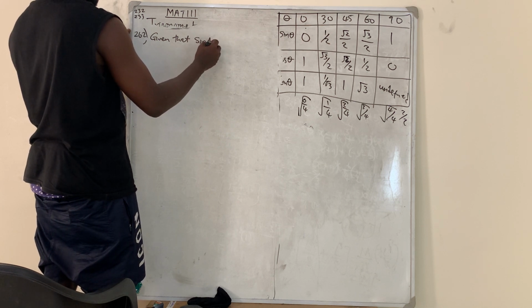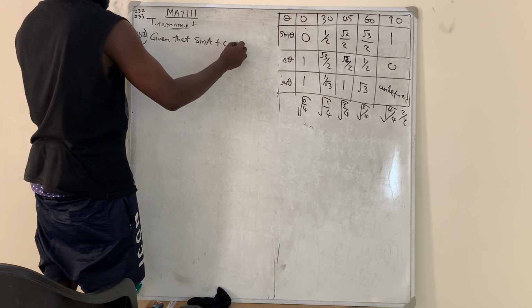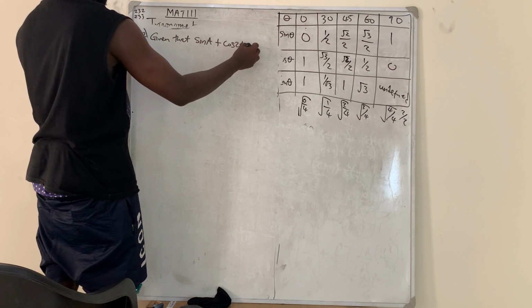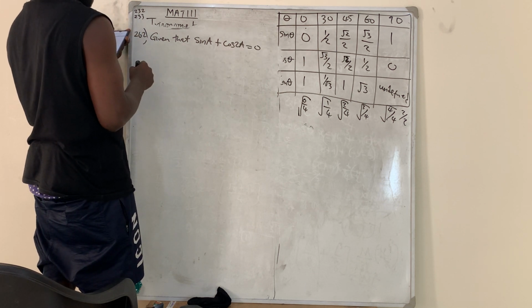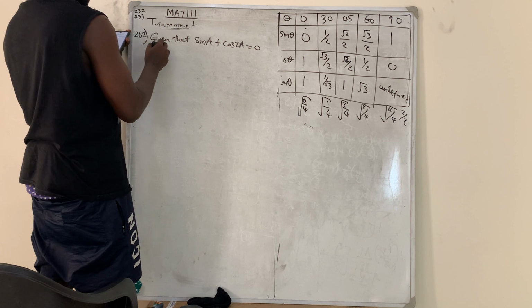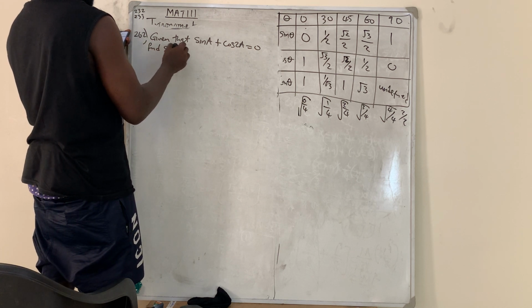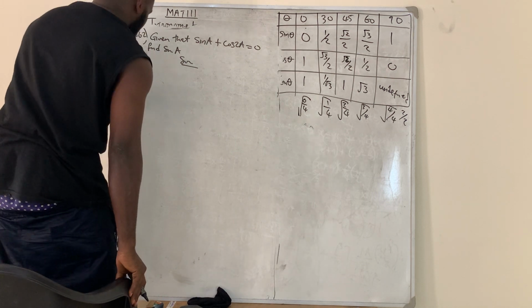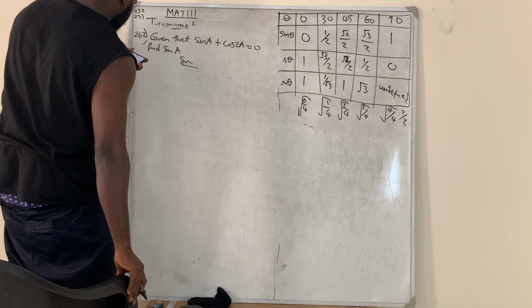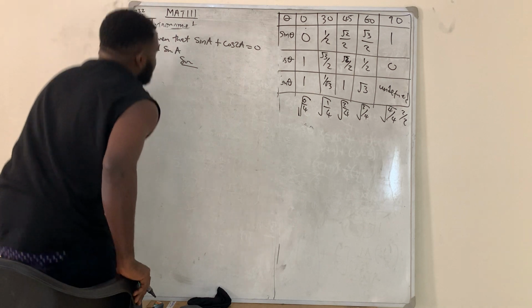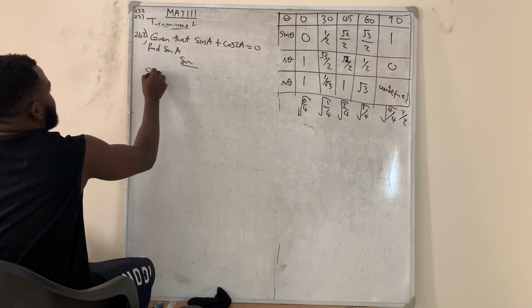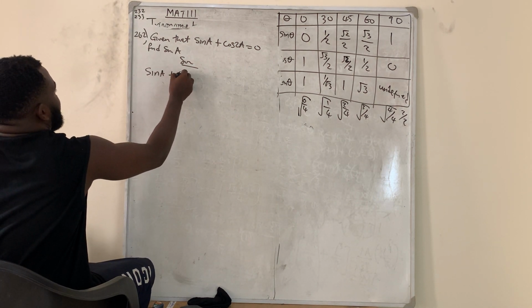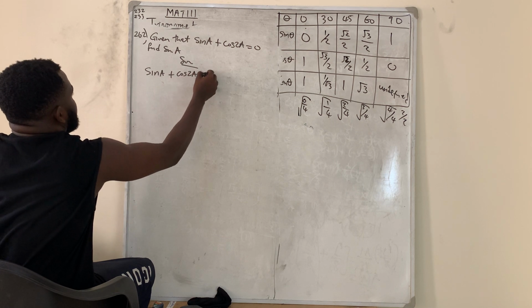sine A plus cos 2A is equal to 0. Then they now say find sine A. Solution. First of all, we need to find A before finding the sine A. Now if you look at this, they gave us that sine A plus cos 2A is equal to 0.